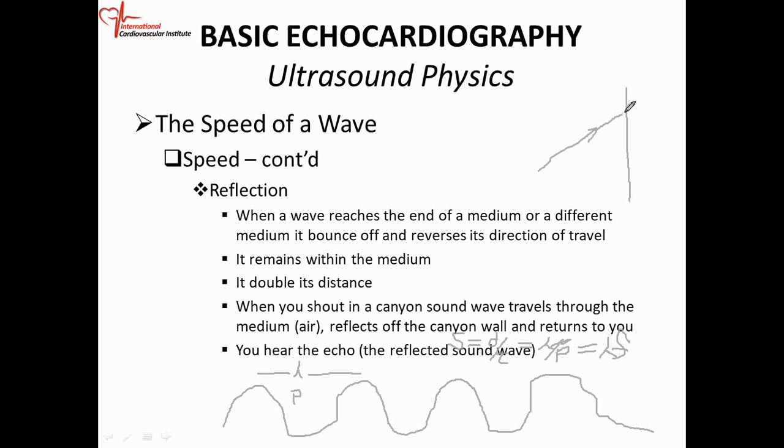a portion is going to be reflected. And a portion of the wave is going to be transmitted. Okay? So this is what we call the incident wave, the wave that's coming in. Think of this as a high.